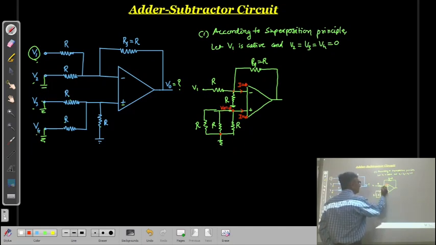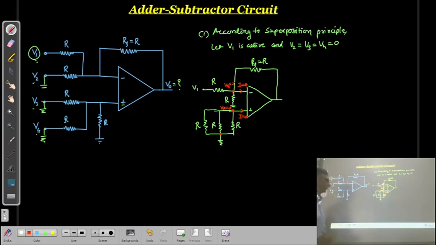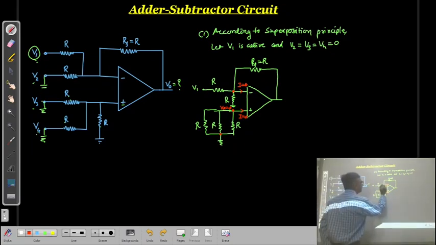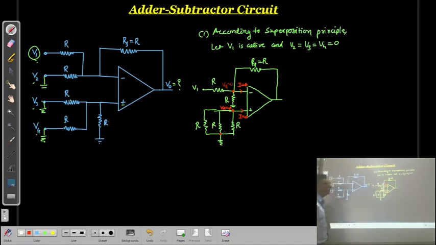This indicates the potential at this point is also zero, which means VB is going to be zero. Now you can see this point behaves like a ground.